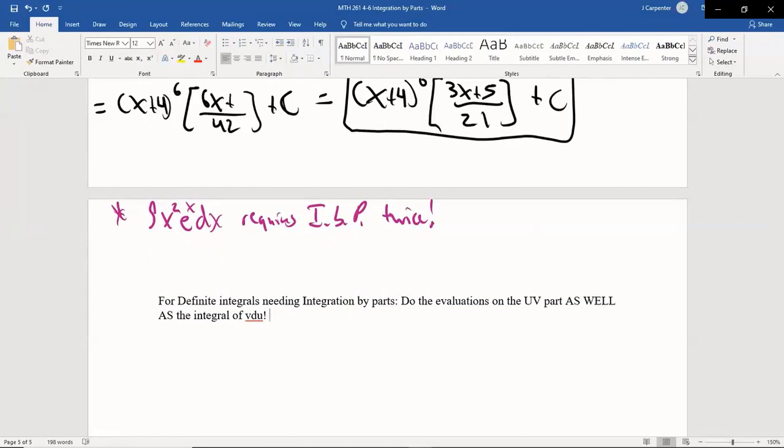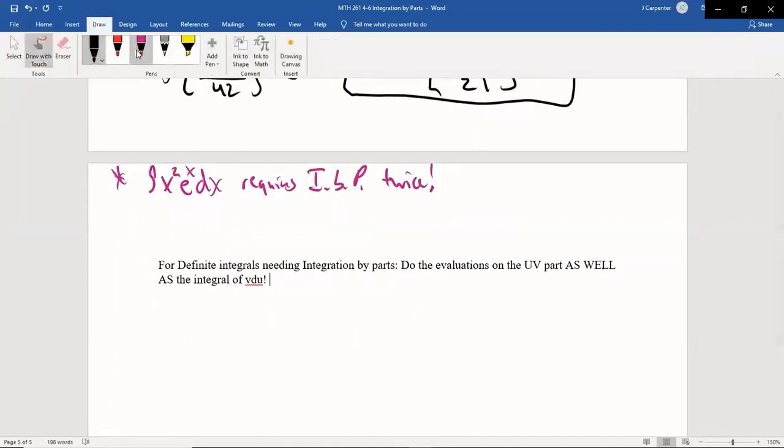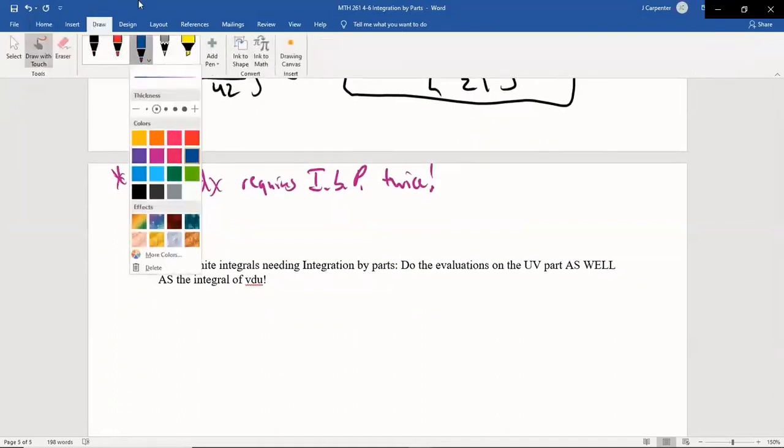So when you're doing a definite integral, the only thing that changes is you're not just going to plug in your upper and lower limits to the very last part you integrate, because remember that when you get that uv, you actually integrated to get the uv. It was part of the integrating dv bit. So because you've integrated to get the uv, you have to evaluate the upper and lower limits there as well. So the formula just changes very minorly, and it changes to this.